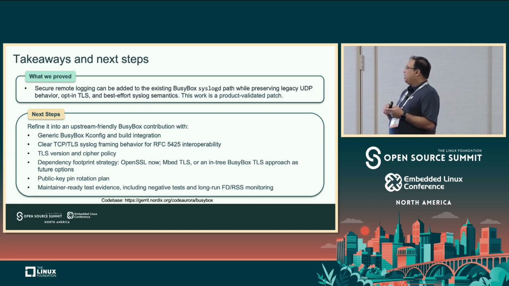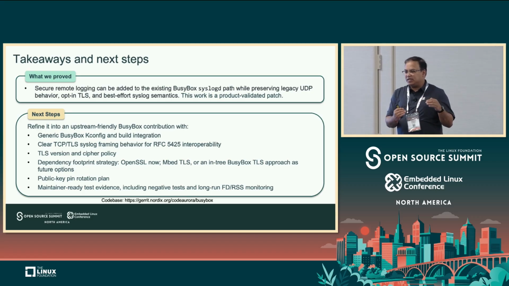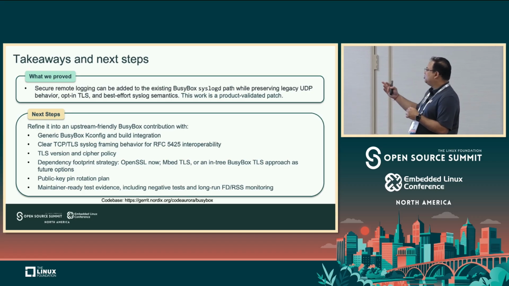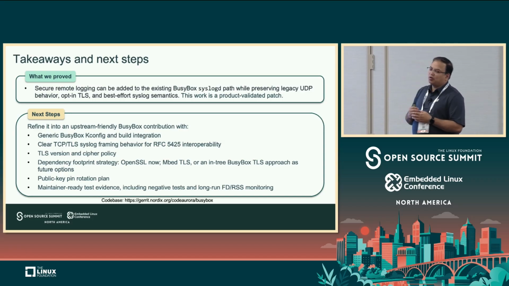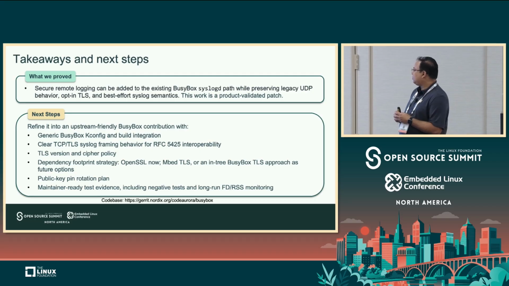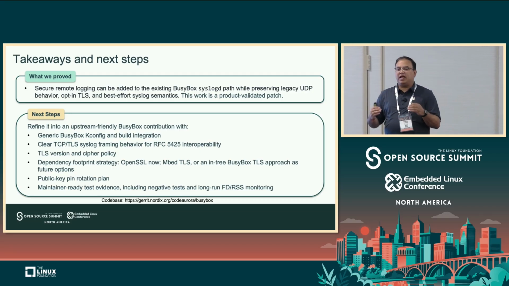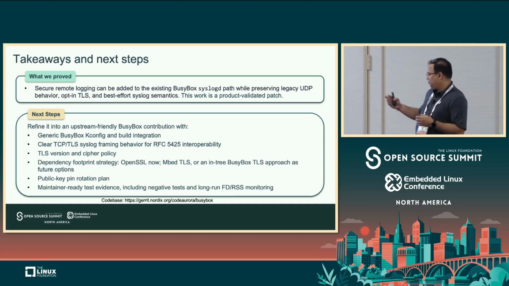And then we want to provide the dependency footprint, like what the dependency on OpenSSL is as of now. If somebody wants to change to embed TLS or the inbuilt BusyBox TLS, those options are also available. Public key pinning is currently present. What is the plan for the public key rotation, if somebody wants to?